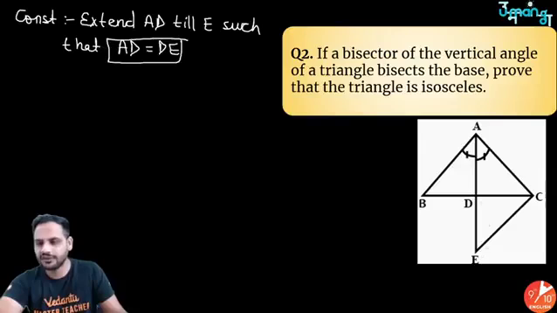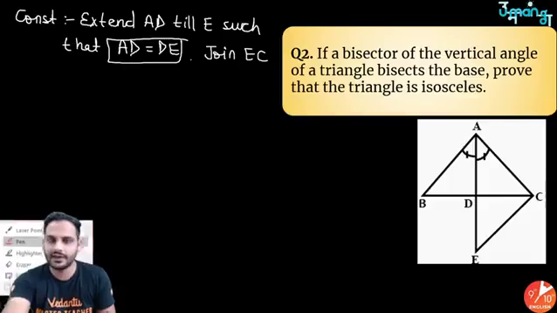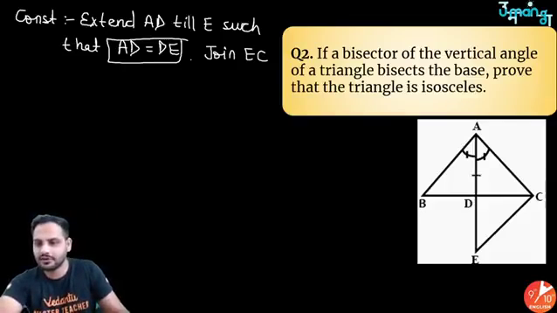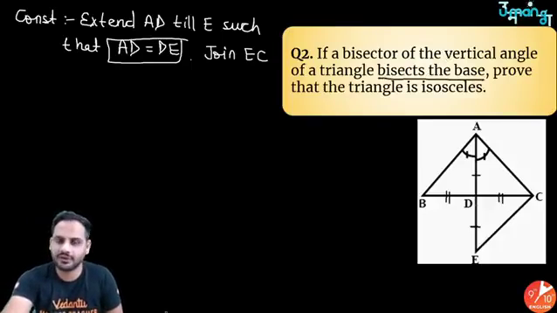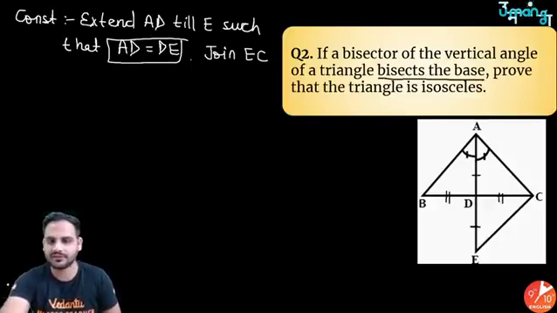You have to extend it till the point E such that AD and DE become equal, and after that join EC. Got it? That is my construction. So by construction we have AD equal to DE, and it was given to us that BD is equal to DC because it bisects the base. So BD is equal to DC is given to us, right?